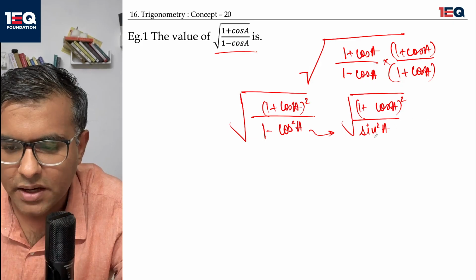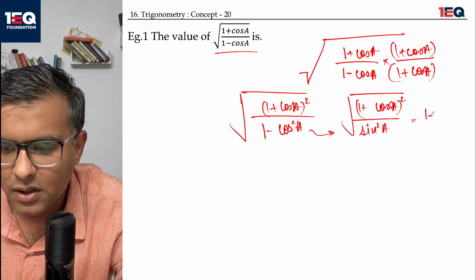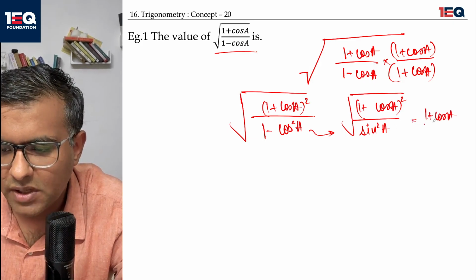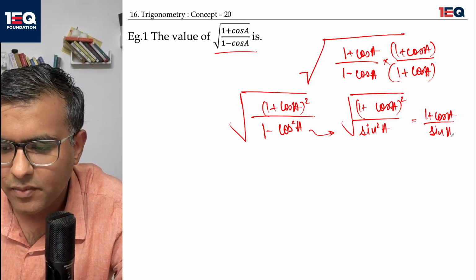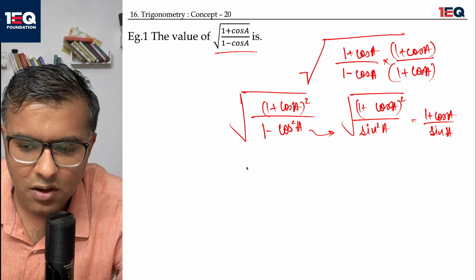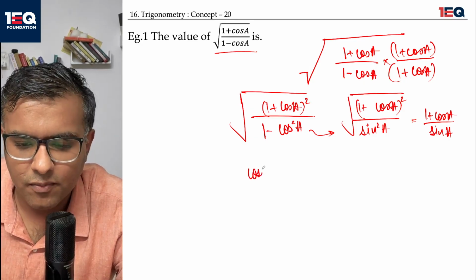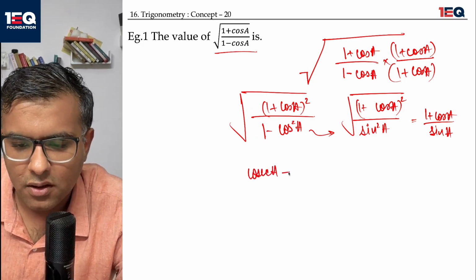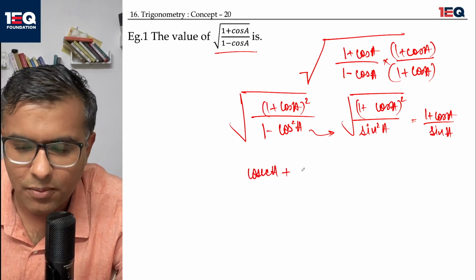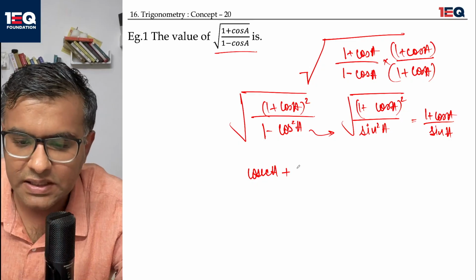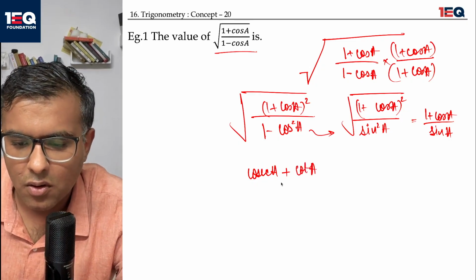This root will come back. The root is now going to go away, and 1 plus cos A whole over sin A is the answer that I'm looking at. 1 upon sin A is cosec A, and cos A upon sin A is cot A.